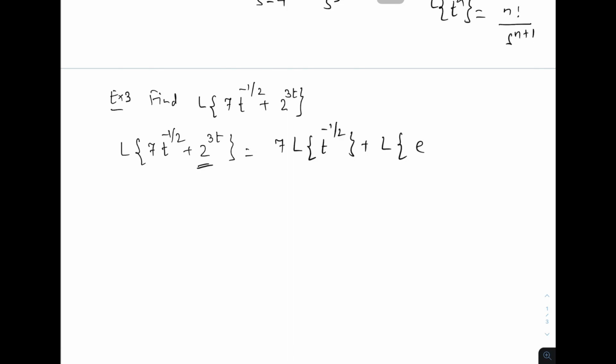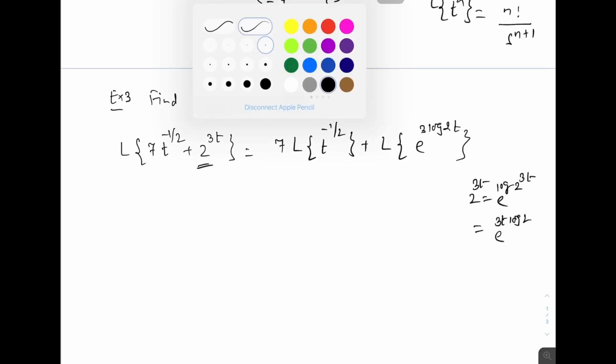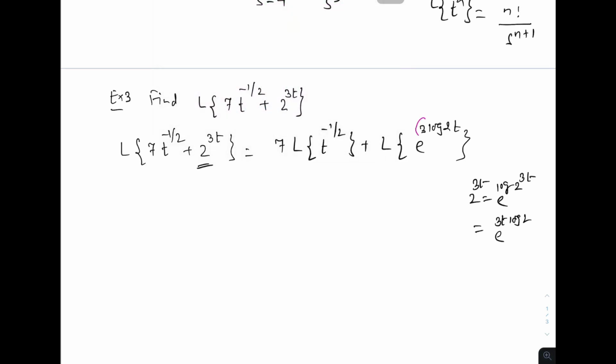So 2 power 3t can be written as e power log 2 power 3t, which is e to the power 3t log 2, so we can write this as e power 3 log 2 t. So this is the e power at kind of form.